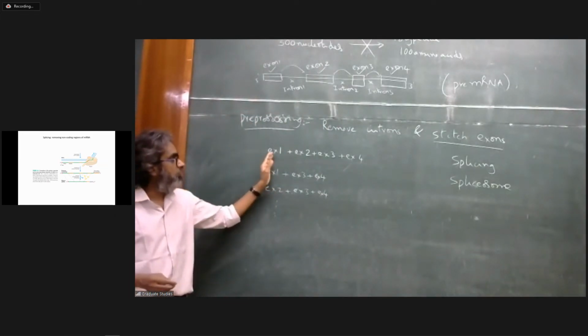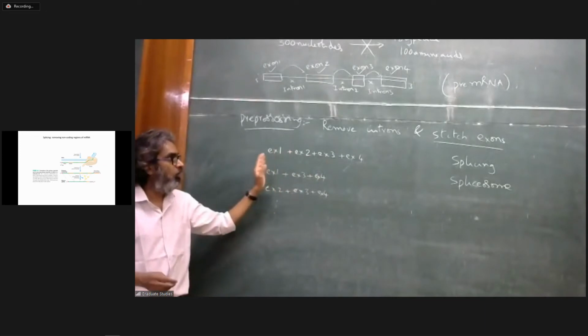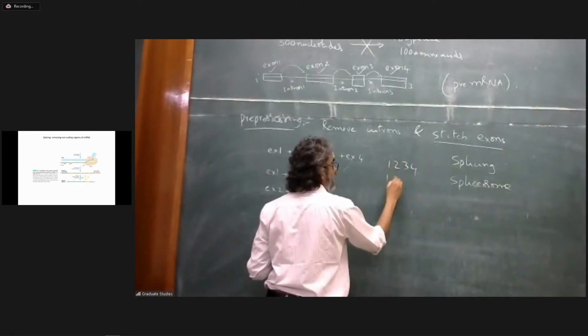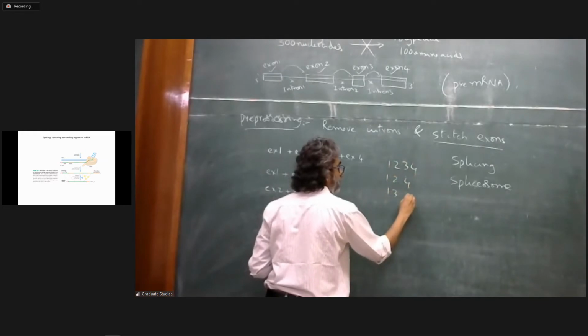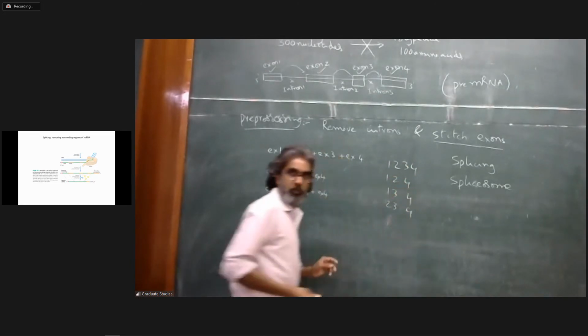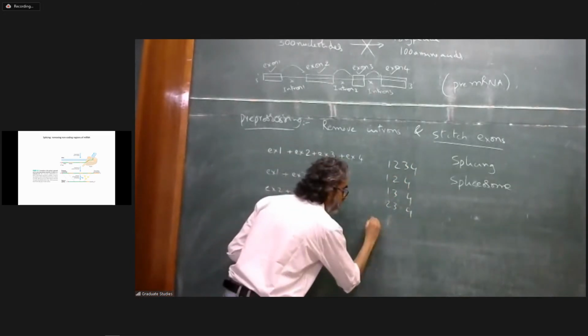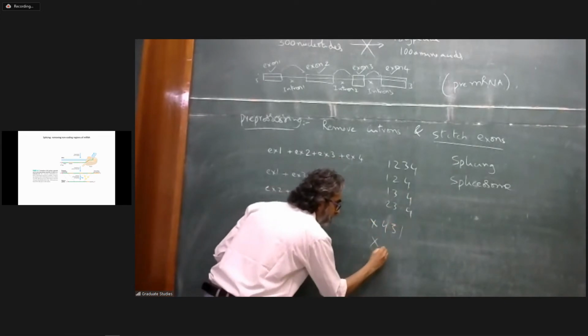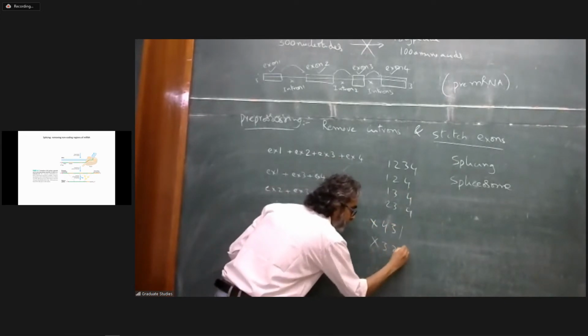So you see the sequence of 1, 2, 3, 4. So there are always combinations like 1, 2, 3, 4, 1, 2, 4, 1, 3, 4, 2, 3, 4. Okay, so like this. But it's never 4, 3, 1, never. So 3, 2, 4.